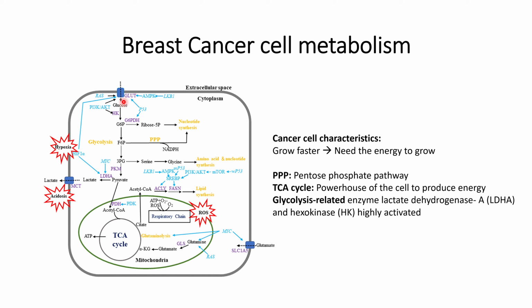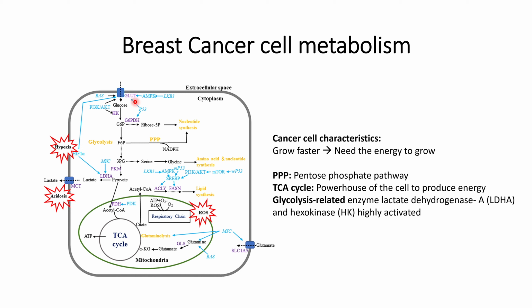From this pathway, glucose enters the cell with the help of the GLUT transporters. In breast cancer cells, especially triple negative breast cancer cells, it has been observed that specific kinds of GLUTs are more activated.